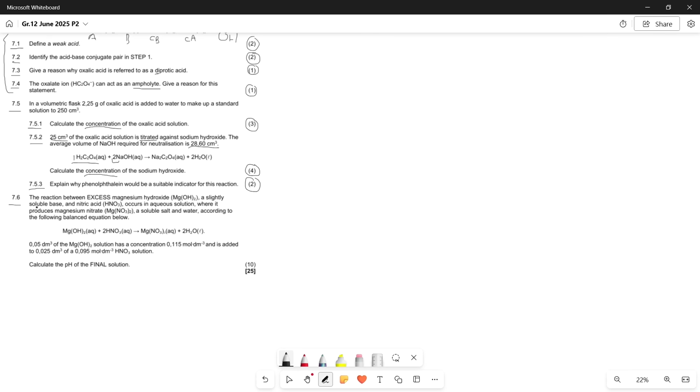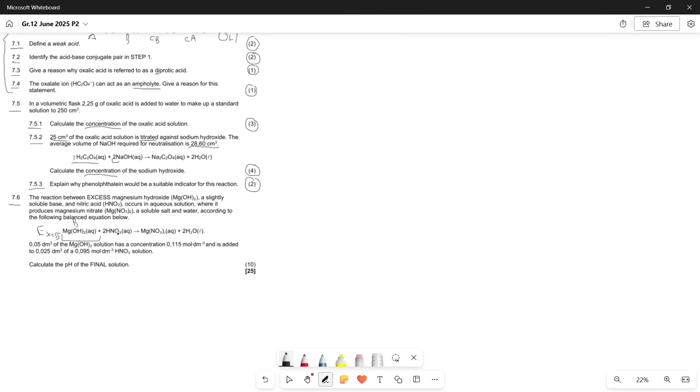So let's get it. The reaction between excess magnesium hydroxide, Mg(OH)2, I'll redraw this now as we've done in previous questions, just to help see what we're working with, as well as draw the different beakers most likely. So we have the excess magnesium hydroxide, a slightly soluble base. Okay, so they've told us it's a base, but it ends in OH, so that is helpful too.